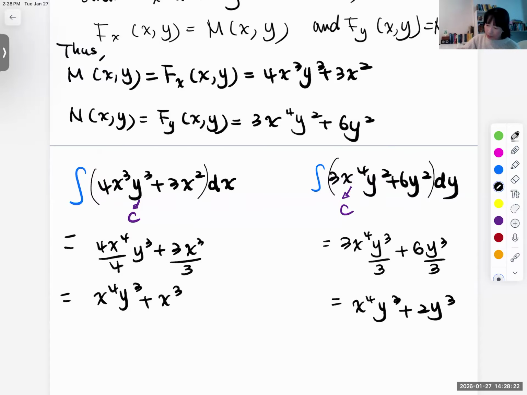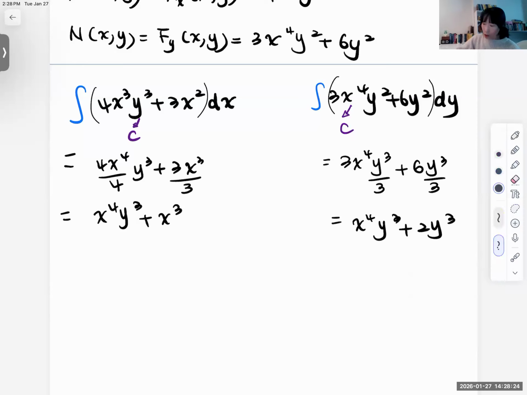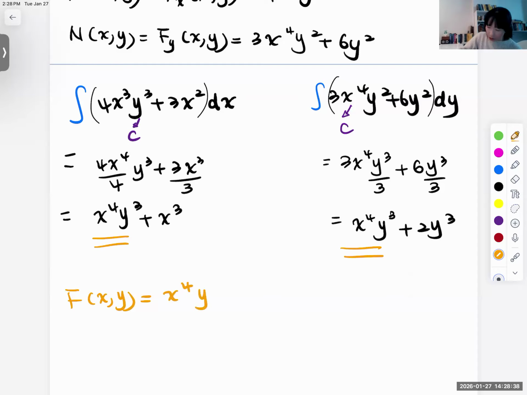Okay, so we don't write out everything because this is the same, right? So we will use f of x, y equal to x to the fourth power y to the third plus, just one time, looking at the previous note, right?